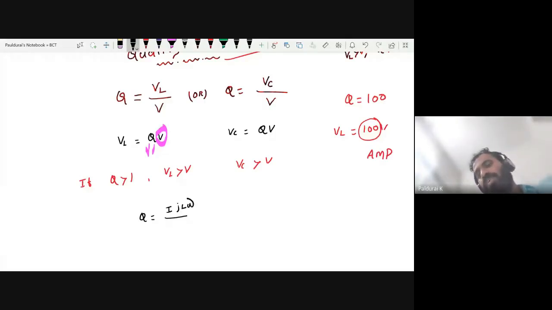What is the voltage drop across the inductor? It is a series circuit, so I is the same. The impedance offered is XL, so I times XL equals j L omega I. This is at the resonant frequency. So it becomes j L omega_R I divided by the applied voltage V, where V equals I times R.